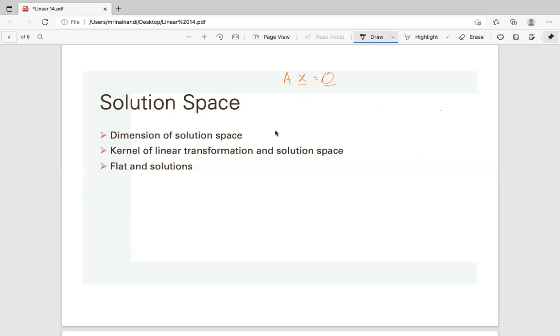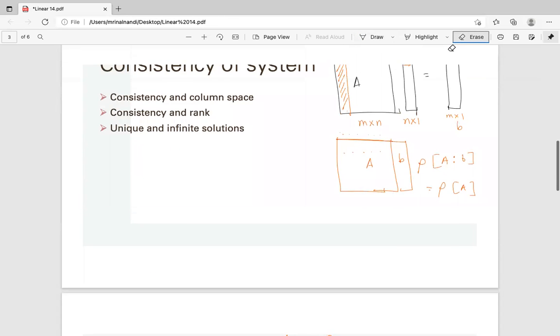The question is whether the dimension is 0. If it is 0, there is a unique solution, and if it is non-zero, there are infinitely many solutions. It's always consistent. Now think of this as a linear transformation, and the solution space is the kernel of this linear transformation. And for the rank-nullity theorem, A is m by n.